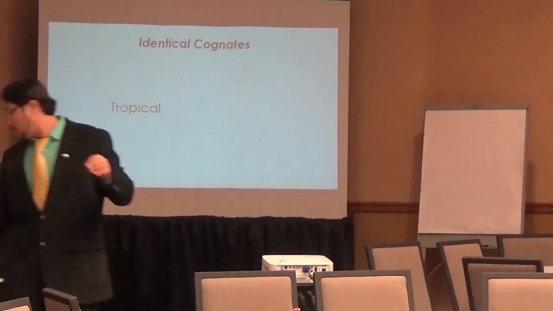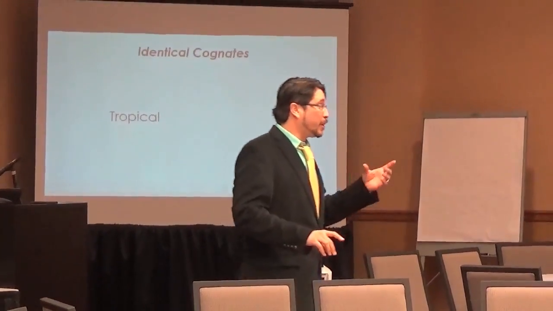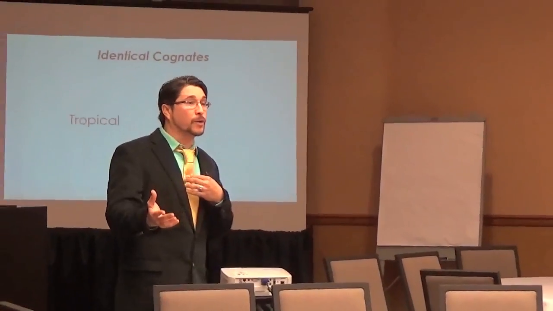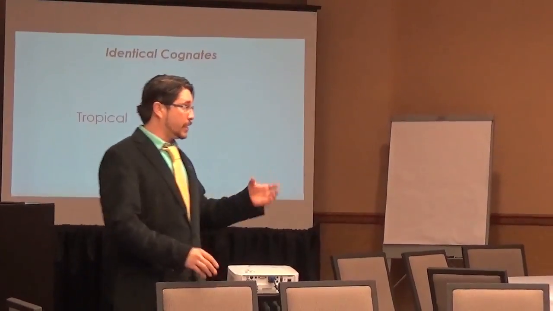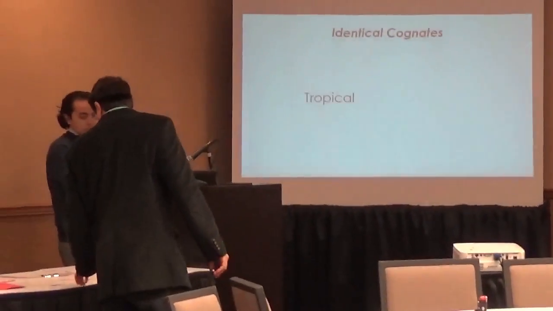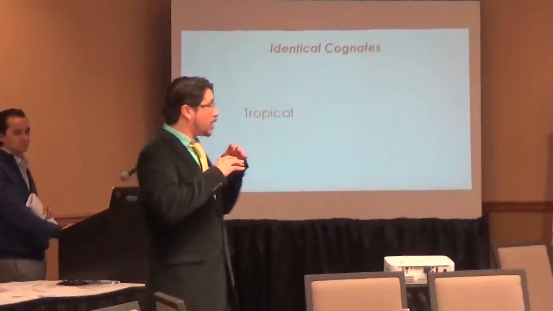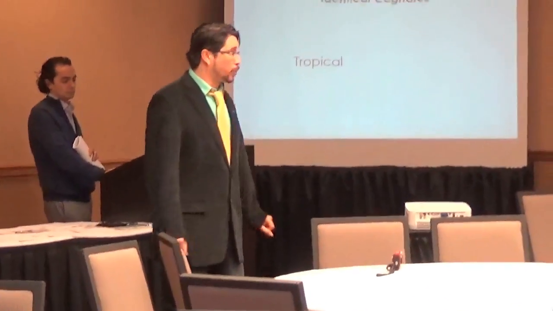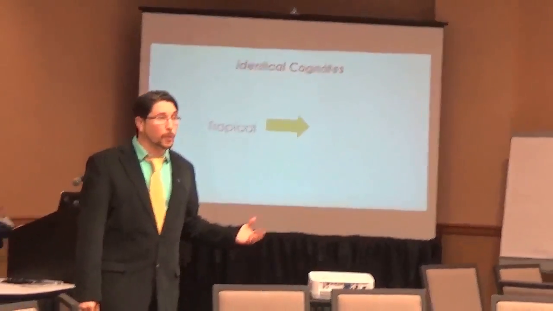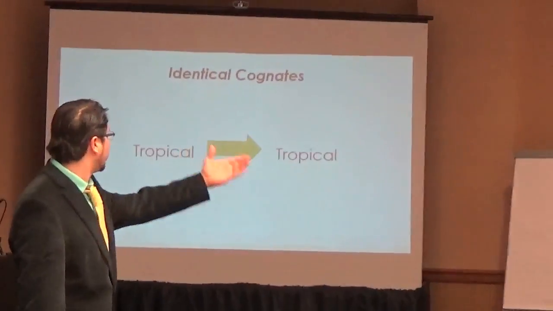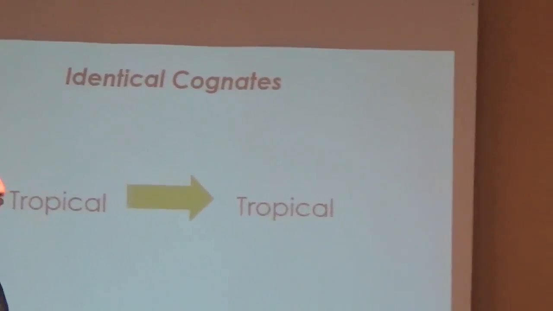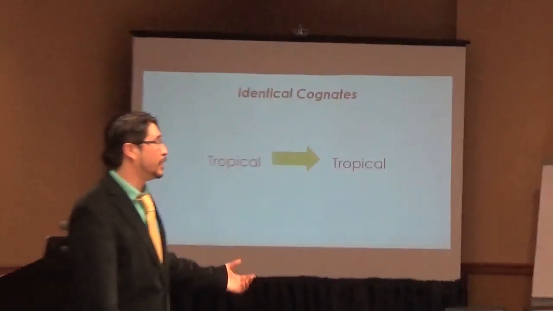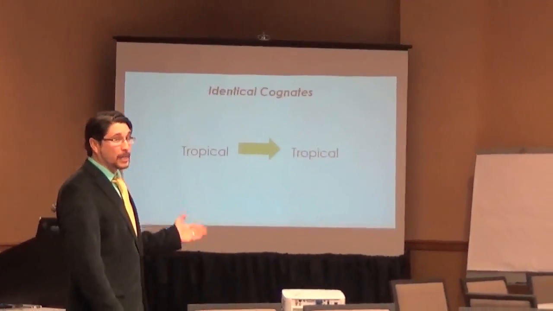They are phonologically similar. The variation would be the accent in the language or the syntax in the language, and the semantics are straight across. So we have an example of the word tropical in Spanish, which is an identical cognate, tropical.